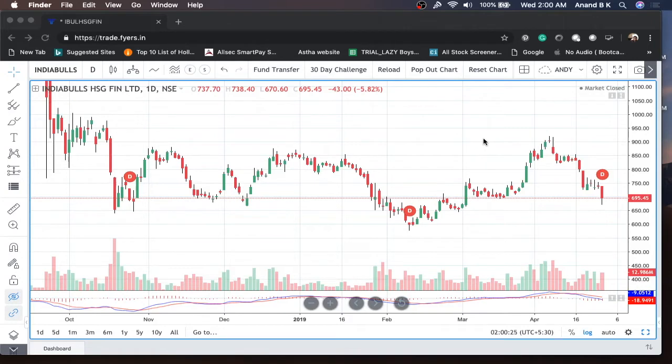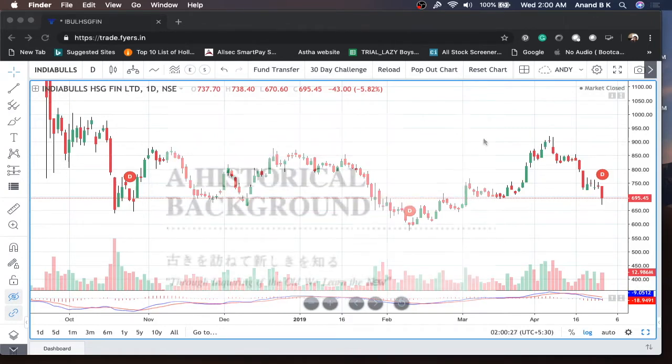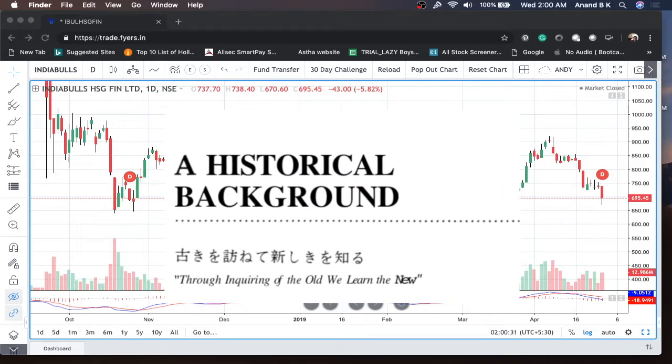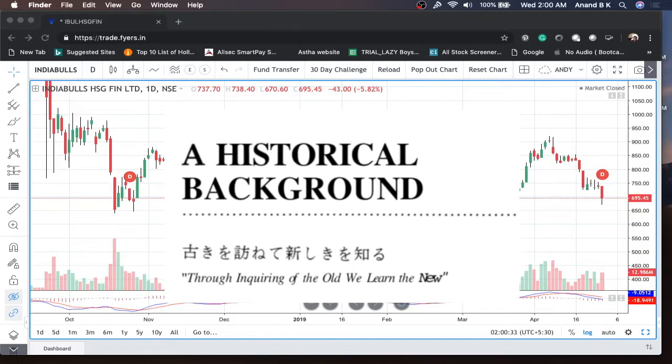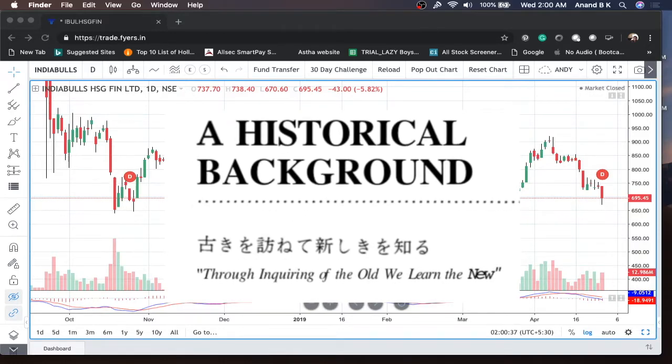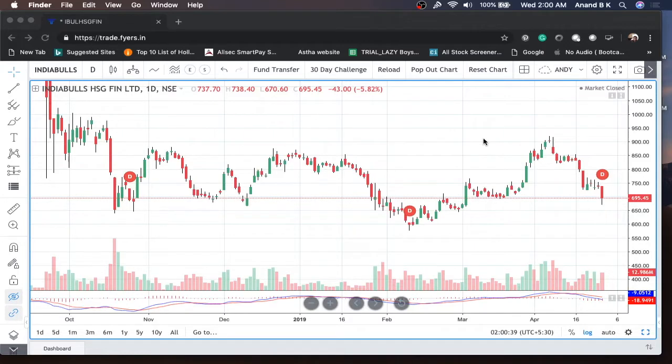So Steve Nison's Japanese candlestick book is the first book which I technically read. For me, this book was, I can say, life changing. I saw a lot of different naming conventions for the first time in my life.